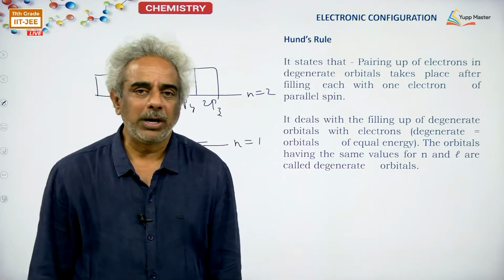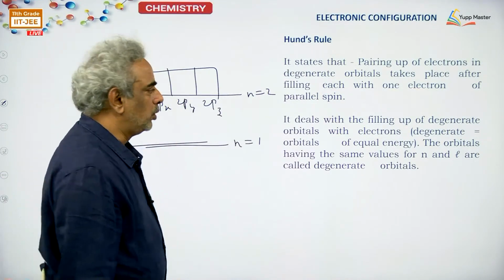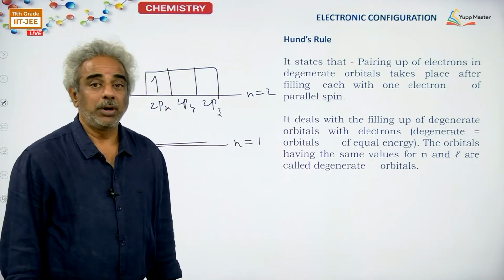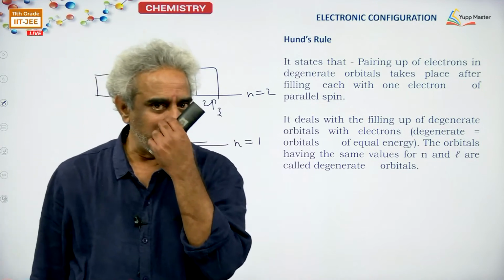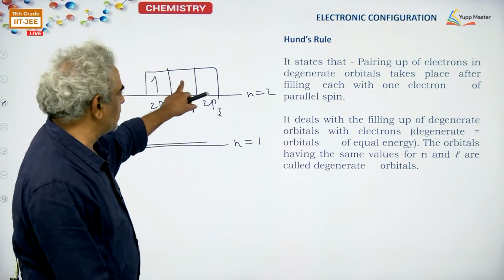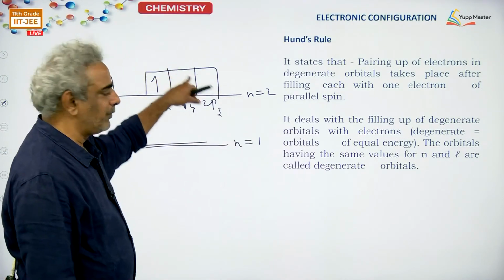I want to fill 2 electrons in these orbitals. Now, 1 electron is already filled. So, 1 more electron is there. Now, I have a dilemma. Where to fill it? Should I fill it in the next equal energy orbital, or should I go for pairing of electrons?